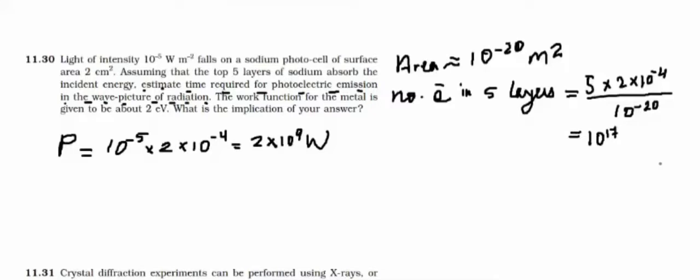We can almost assume that many electrons are there in these 5 layers. Now, according to wave theory, the energy is gradually absorbed. So this is the total energy per second, and this total energy per second is absorbed by this many electrons, 10 power 17 electrons.